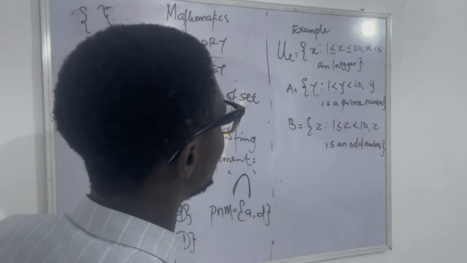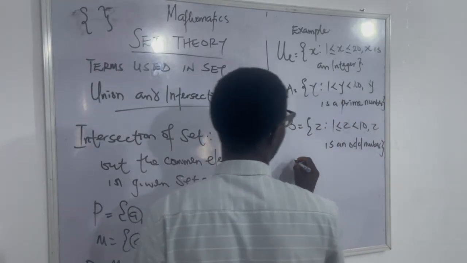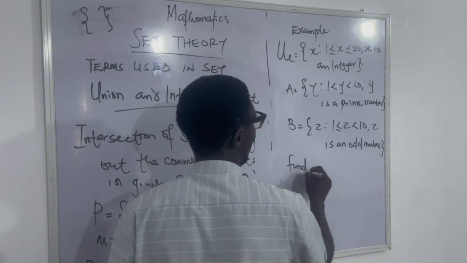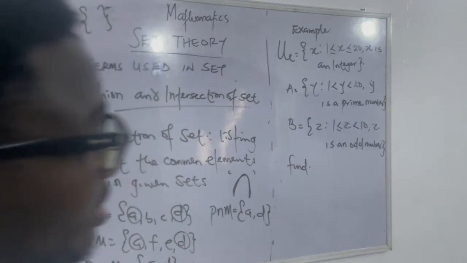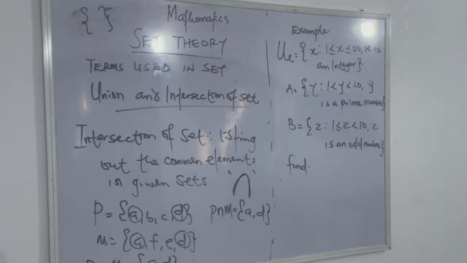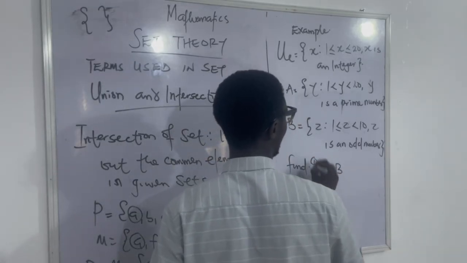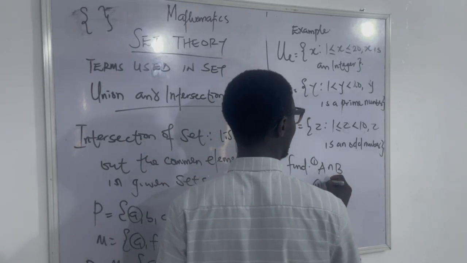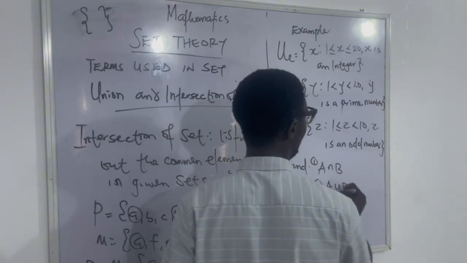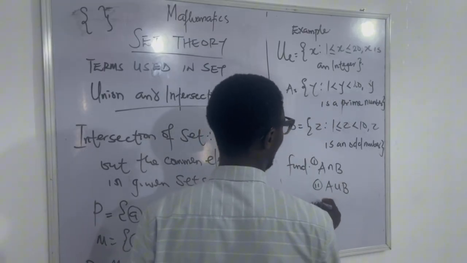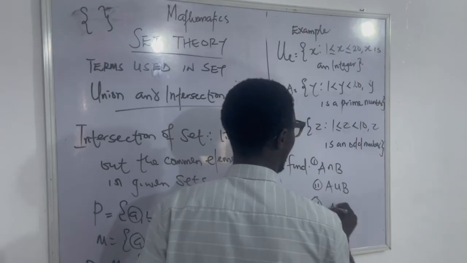Are we together? So we said find: 1, A intersection B. 2, A union B. 3, A complement.